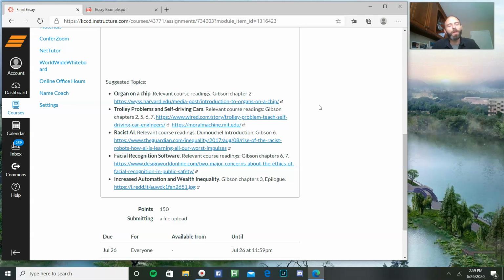The first one is organ on a chip. With this technology, instead of doing animal testing to test the safety of chemicals, there has been some technology in the works where you might make a microchip so advanced that it could have all the information necessary to run tests on a virtual organ.